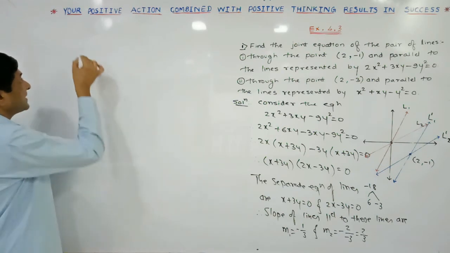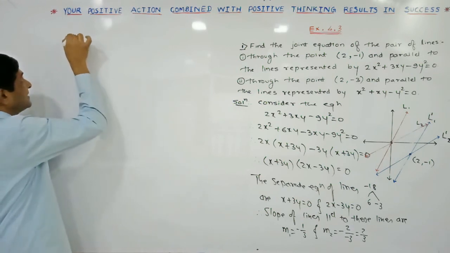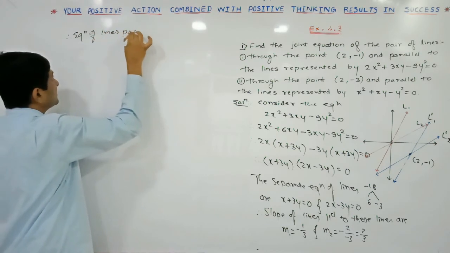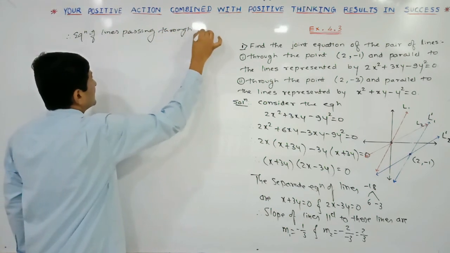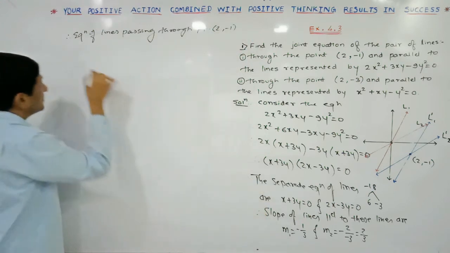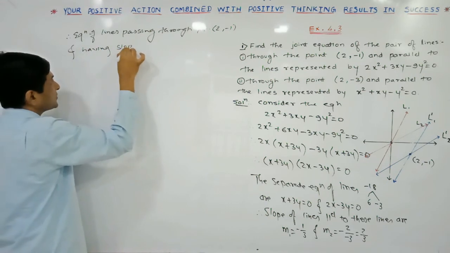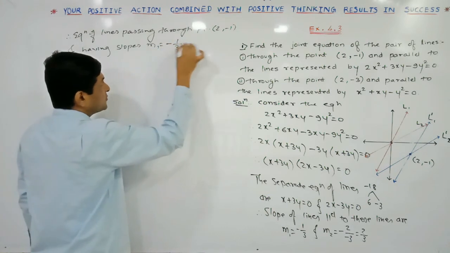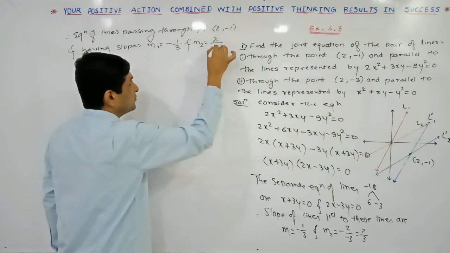Once the slopes of both the lines are known to us, now find out the equations of our required lines. So our required line passes through the point. What is the coordinate of that point? 2, minus 1. So therefore the equations of lines passing through the point, coordinates of the point are 2, minus 1, and having the slopes, so here the slopes are m1 is equal to minus 1 by 3, and the slope of the second line m2 is equal to 2 by 3.